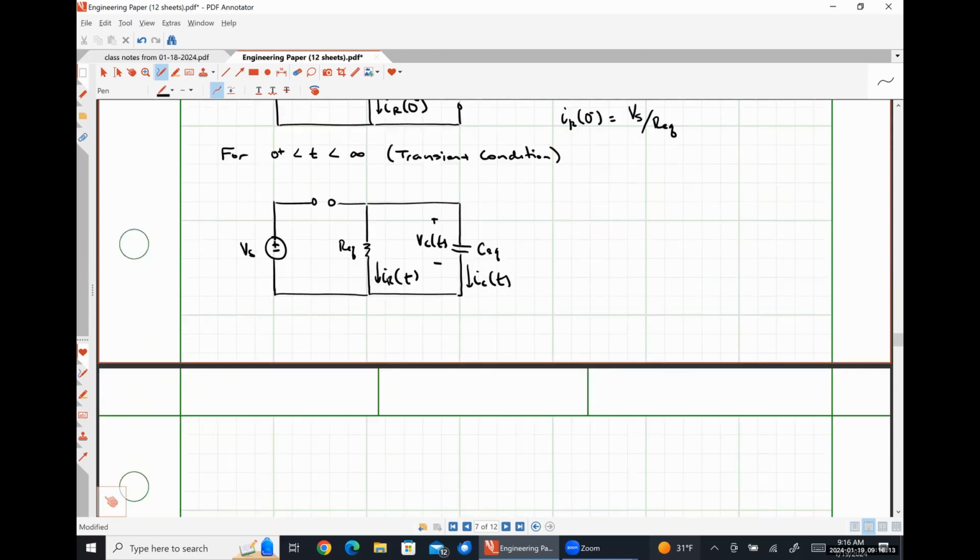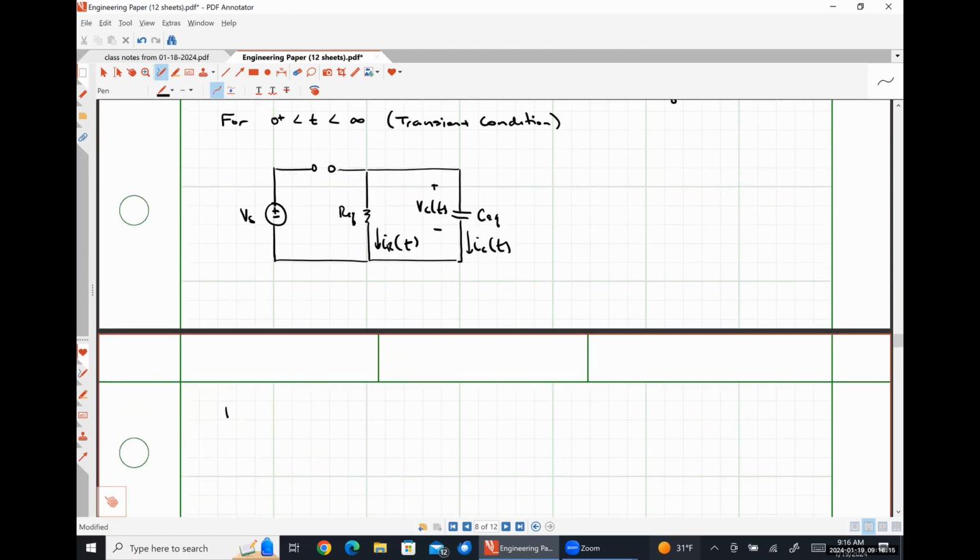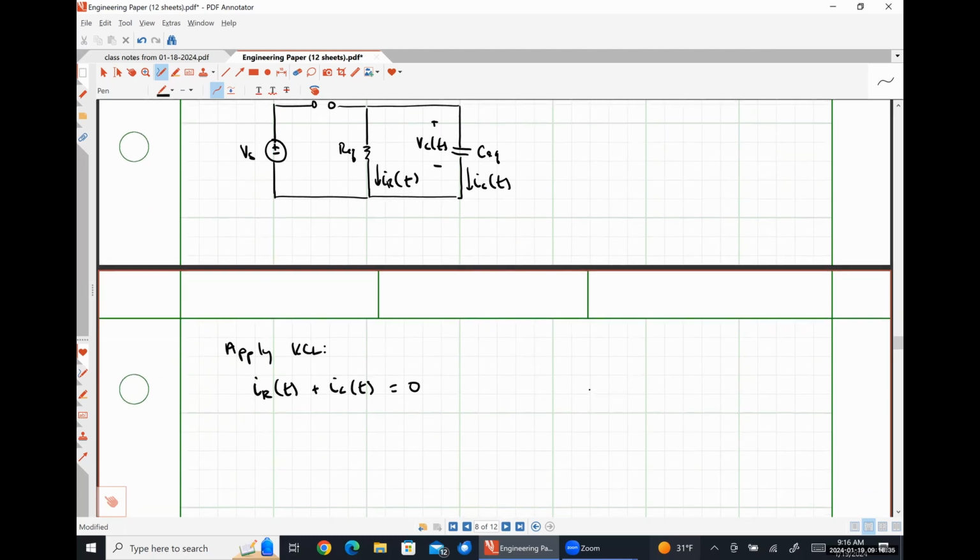So if we apply Kirchhoff's current law, what we'll find is that the current flowing through our resistor plus the current flowing through our capacitor must be equal to 0. We can express both of those currents in terms of our capacitor voltage.